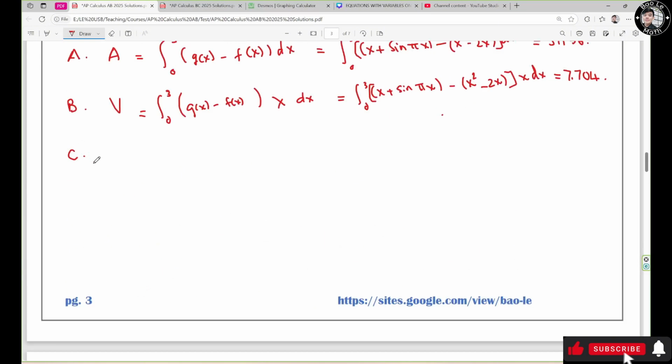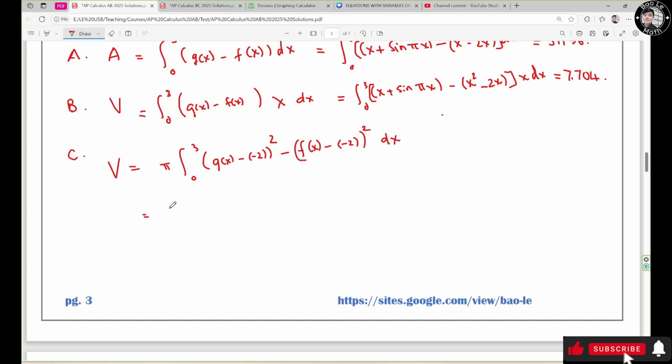So you have the formula, the volume equals pi, the integral from 0 to 3, outer radius, which means g of x subtract -2 altogether squared, minus f of x subtract negative 2 altogether squared, dx, right?